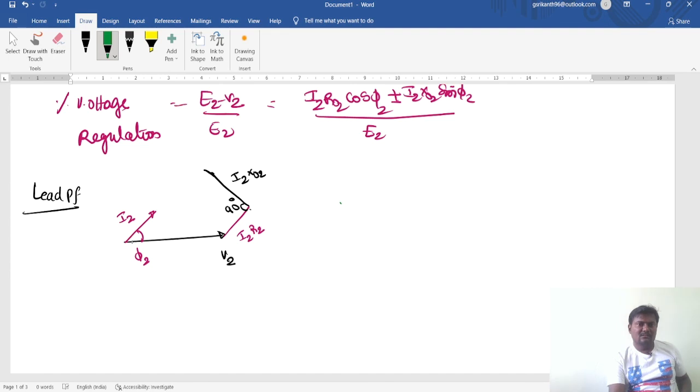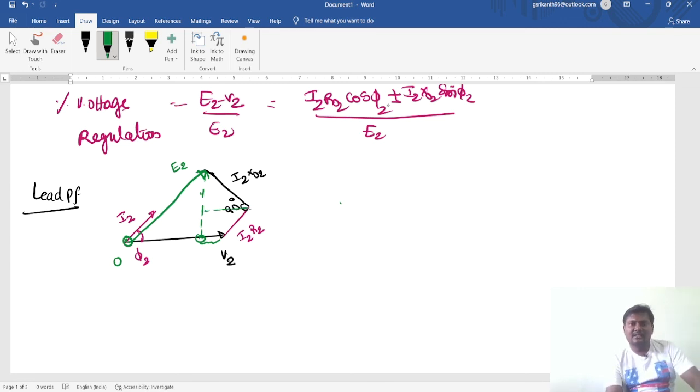Okay, I2 R02. Then from this O point you add this one, then this point is called the E2. So project this.